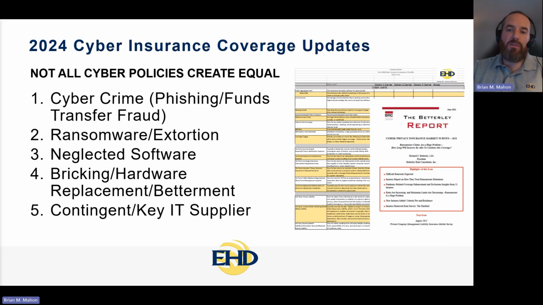But in the IT world, sometimes the Honda Civic isn't made anymore, so they have no choice but to give you maybe a nicer version of it. And this has really been a big theme in 2024, this idea of contingent, dependent key supplier coverage from a cyber insurance perspective, right? This is exactly what the Optum Change Healthcare attack was.